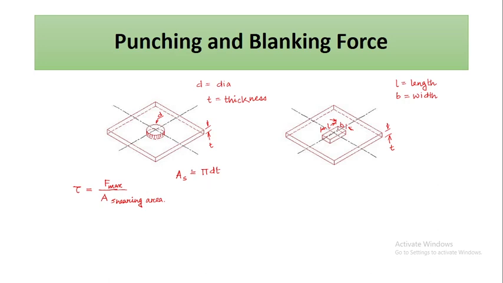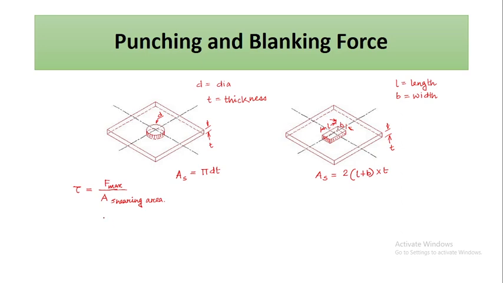Similarly, in the rectangular case, the shearing area will be 2 into (L plus B) into T. This portion is the shearing area, this portion is the shearing area. So it will be 2 into (L plus B) into T. That is the shearing area in this case.